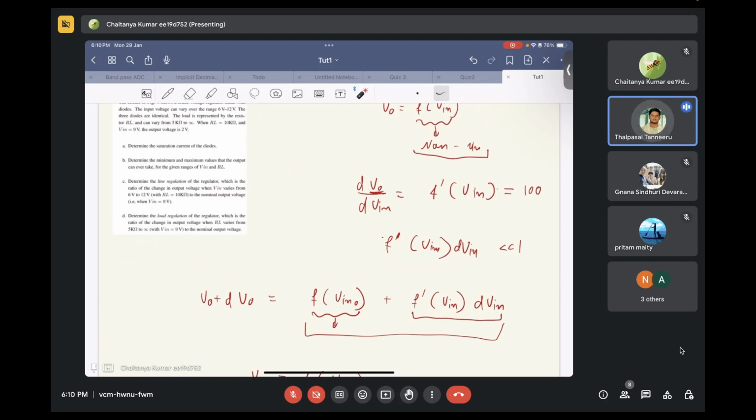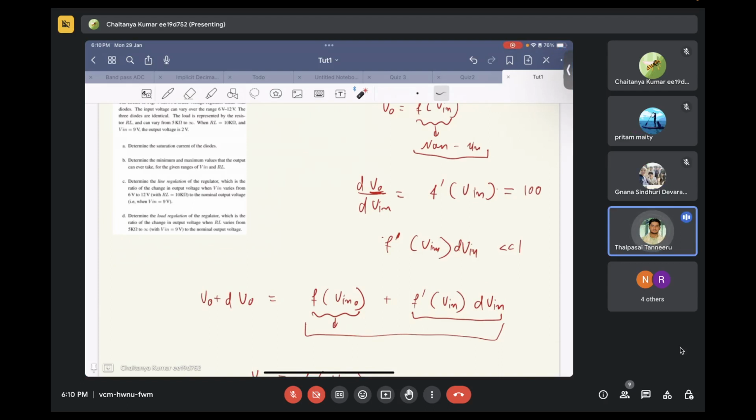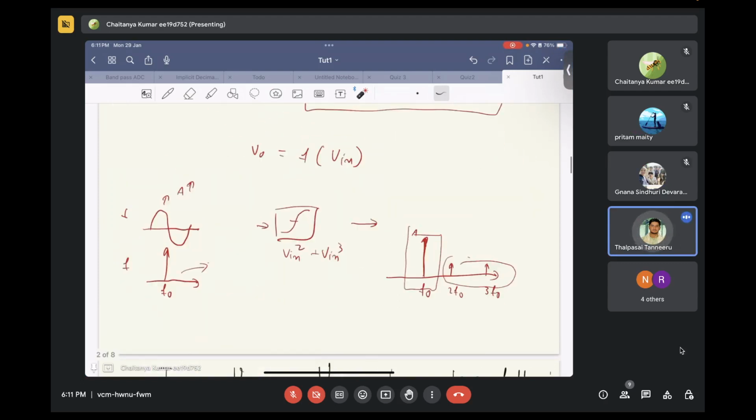If it doesn't follow these conditions, intermodulation will occur even in diodes. Correct. Intermodulation, second order distortion, any sort of distortion will occur in whatever nonlinear system you have. Sir, how will it occur in diodes? Previously you explained with the MOSFET. If it is a diode, how will it impact?